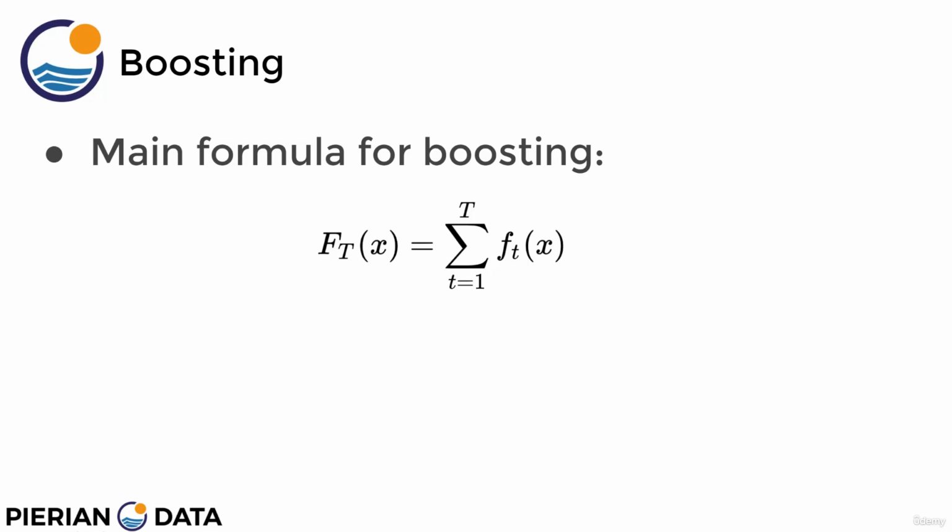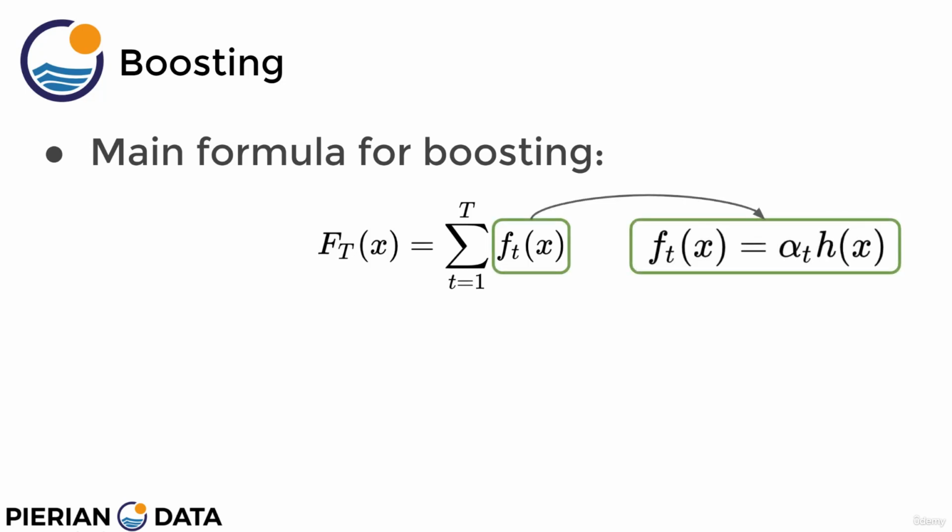What does that actually mean? When we talk about boosting, we're typically referring to the process of aggregating a bunch of what we call weak learners into an overall strong ensemble model, which means we can think of this lowercase f of t of x as some coefficient times a machine learning model.